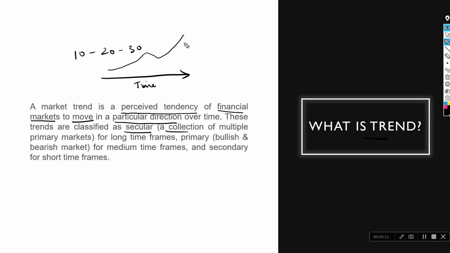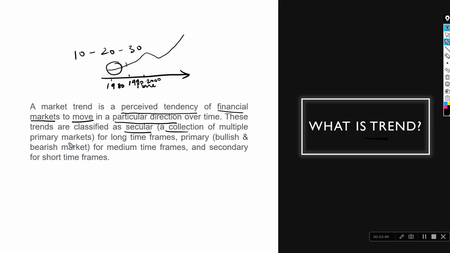So we call this secular. If you consider each of these, say for example, the 1980s, 1990s, 2000, these are in bursts of 10 years. If you consider 1980 to 1990, this market was like an uptrend. So these are called primary markets.